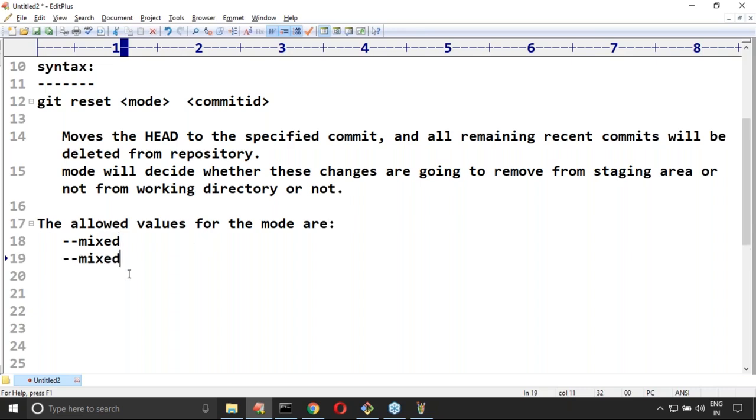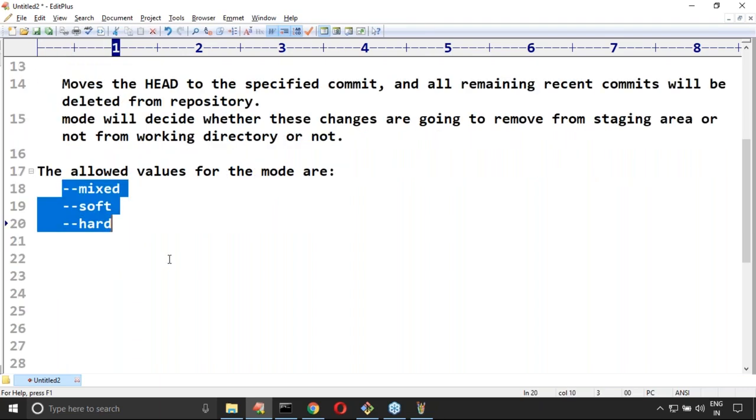Mixed mode, soft mode, hard mode. Mixed reset, soft reset, hard reset.